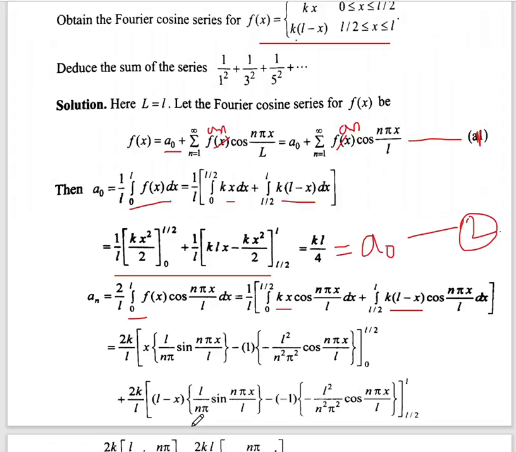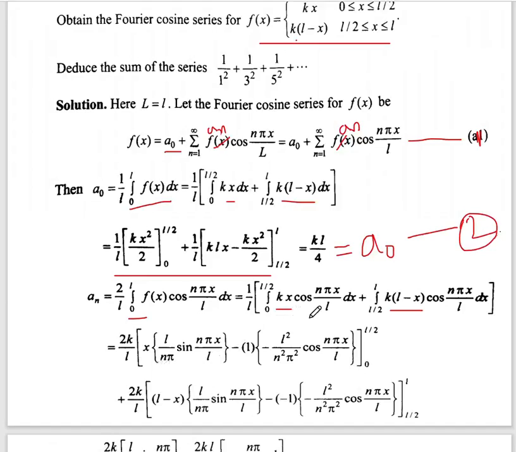Here k is a constant, so take it outside of the bracket.